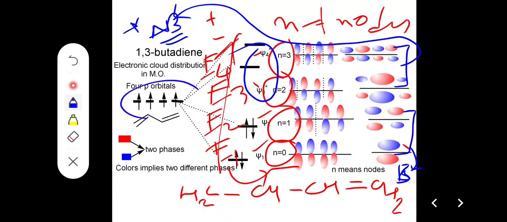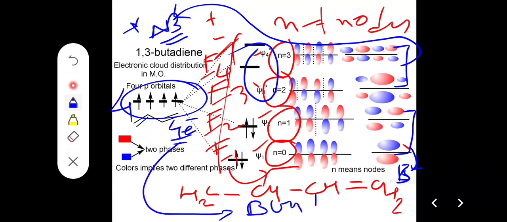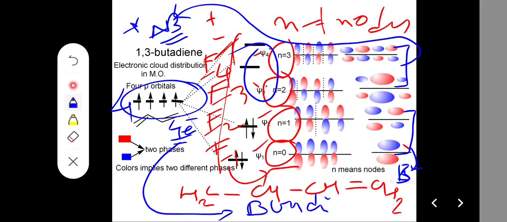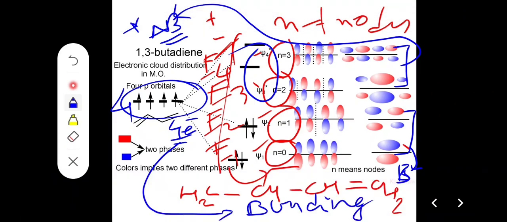There should be 4 electrons, and they go into the bonding region. So this is bonding and this is bonding, and the 4 electrons go to these two places.